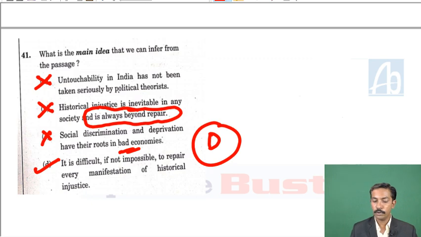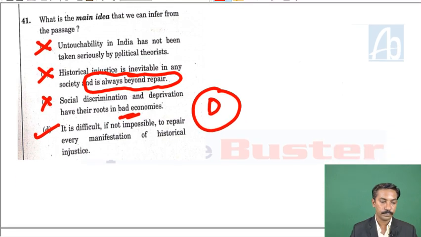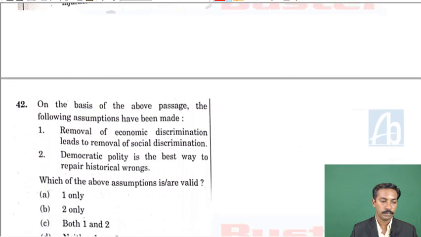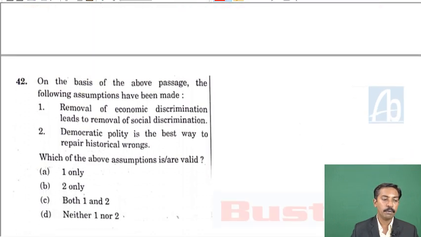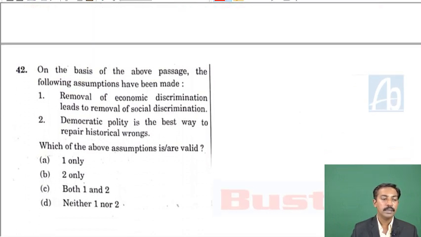Question number 42. On the basis of the above passage, the following assumptions have been made. Statement 1: Removal of economic discrimination leads to removal of social discrimination. Your passage talks about economic deprivation.